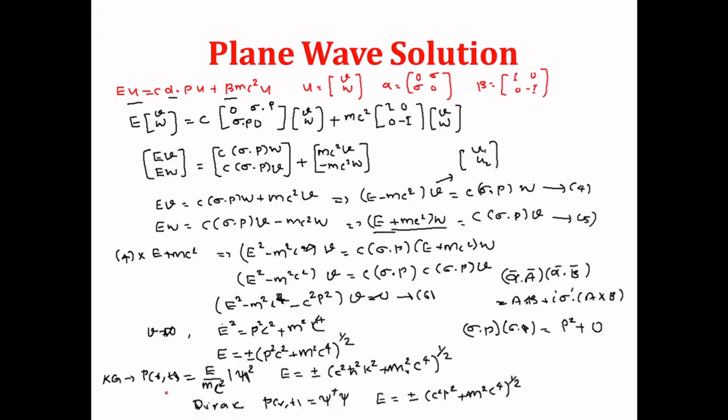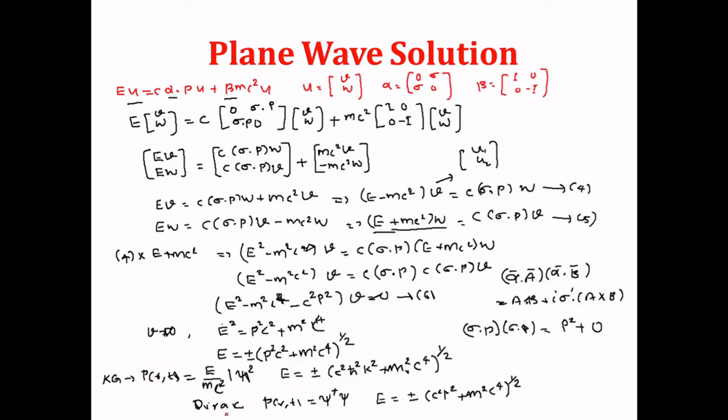Okay. What was the problem with the Klein-Gordon equation? When using the Klein-Gordon equation, when you find the probability density of a free particle, the value was E by mc square into mod psi square, but the energy can take both positive and negative values. So the probability density becomes negative when E is negative.